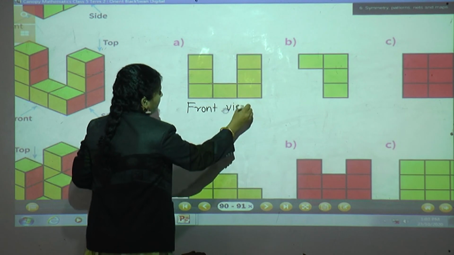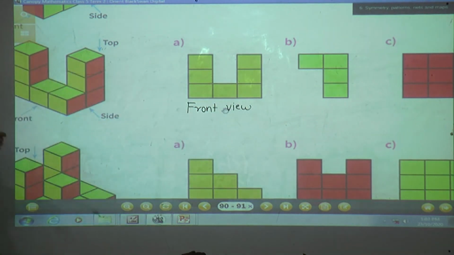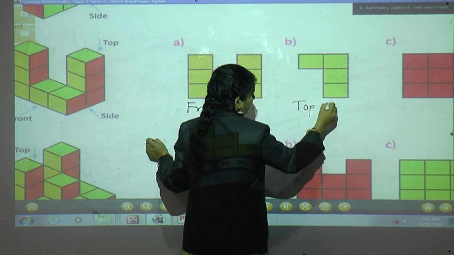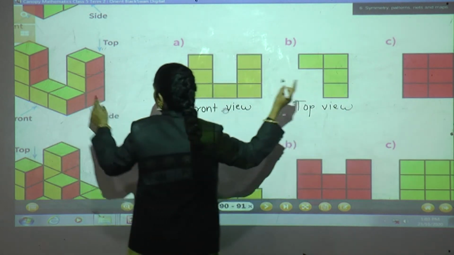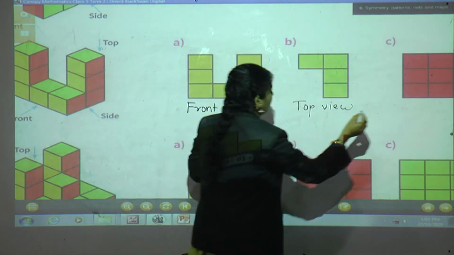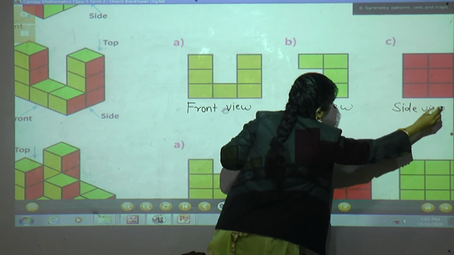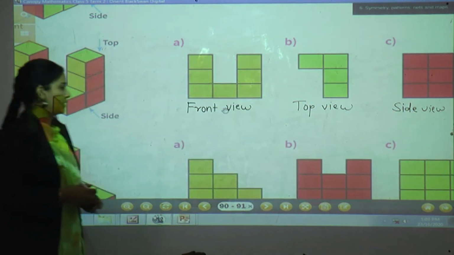Now B1. So where is it? See? Yes, this one is a top view, and this red color means here the side view. So in this way we can write the answer.